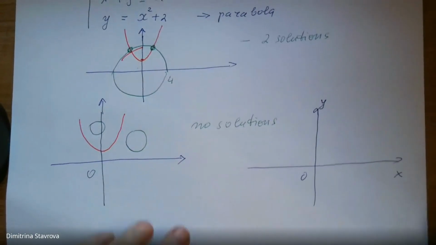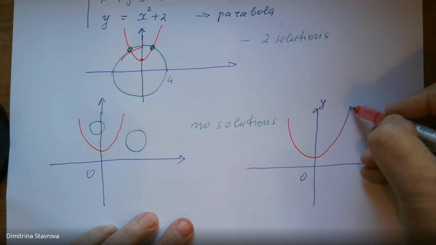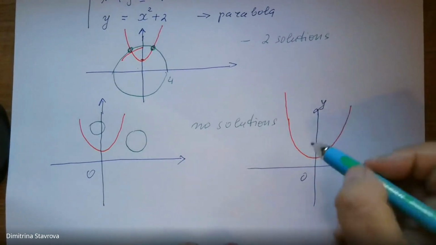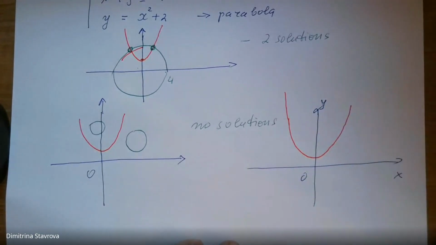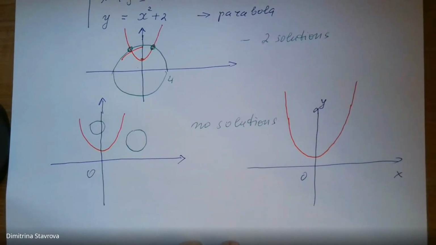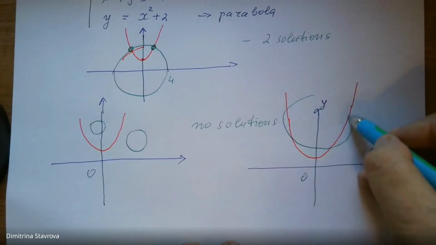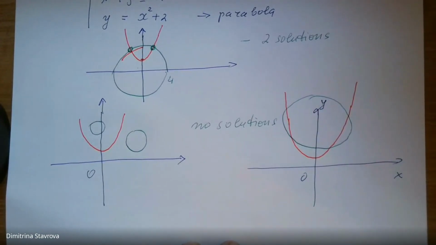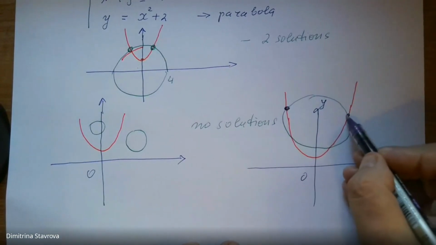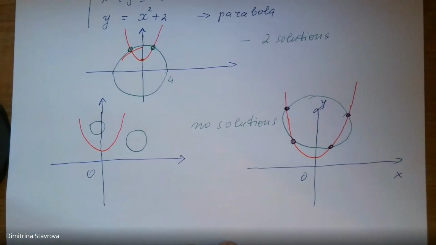Again, we have some parabola, and I will draw one very menacing circle, like that. In that case, we have 4 intersection points, hence 4 solutions.